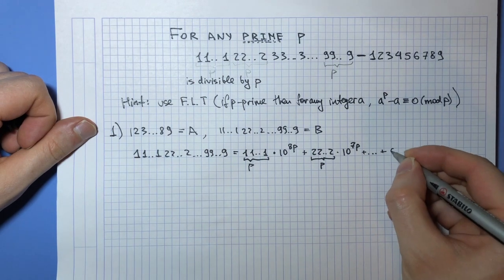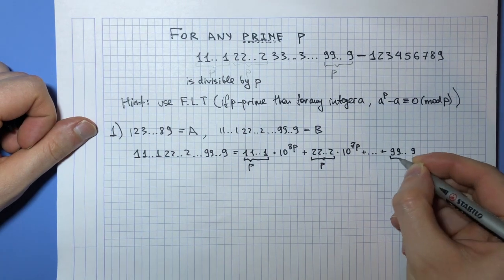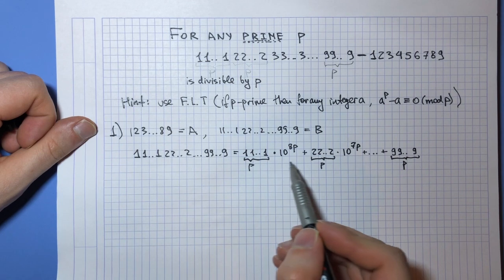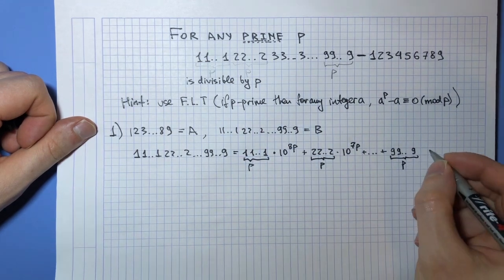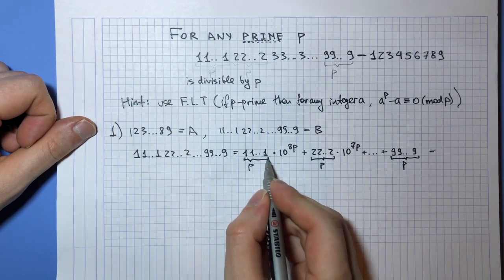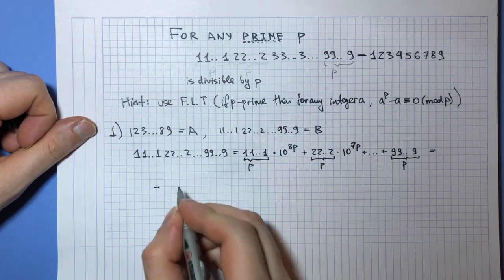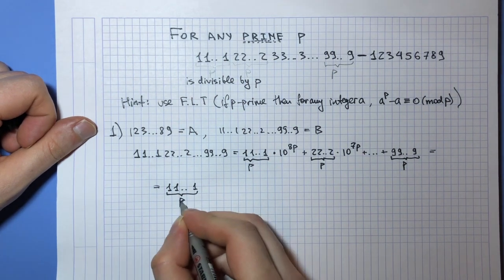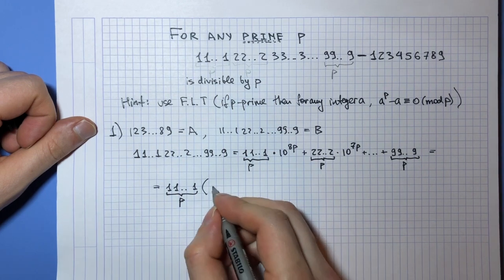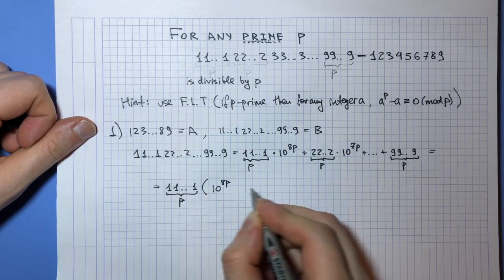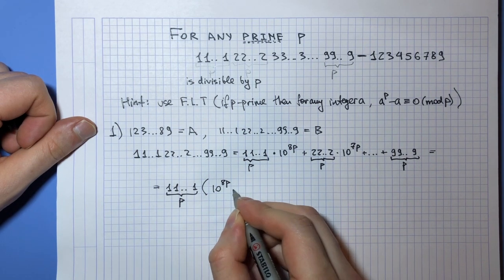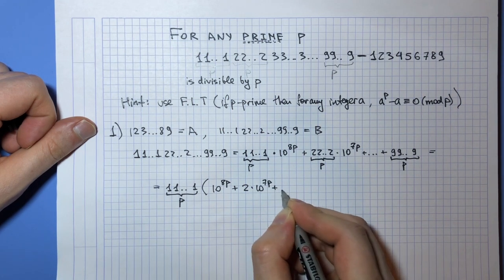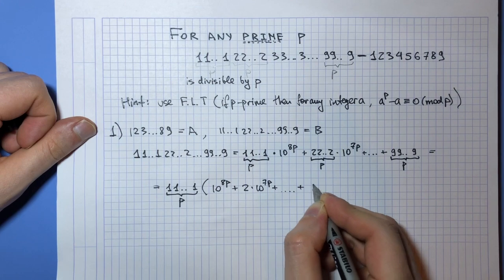And the last term is just going to be p 9s. Okay, so an immediate simplification is that we can factor out the p 1s. So we can take this number outside of our bracket, and then inside we'll be left with 10 to the 8p plus 2 times 10 to the 7p plus and so on, plus 9.